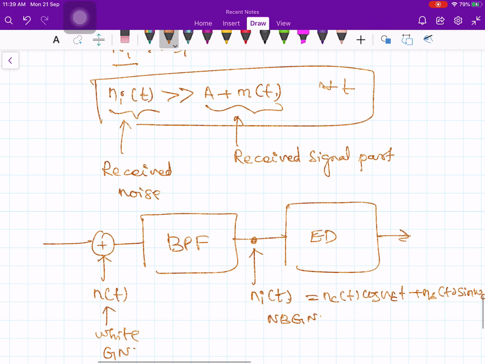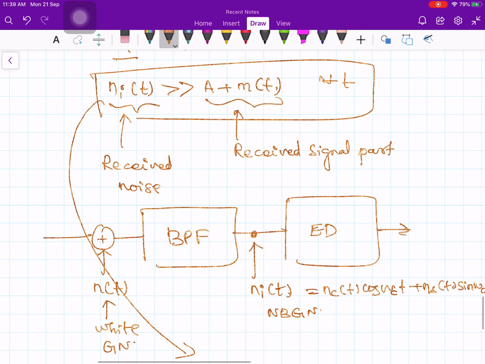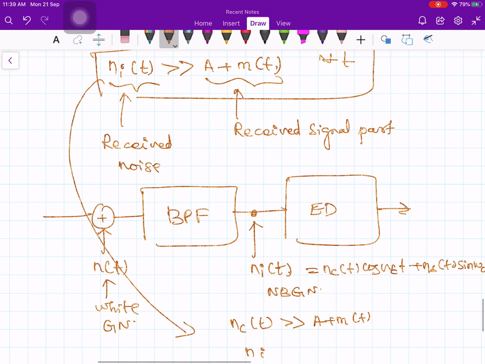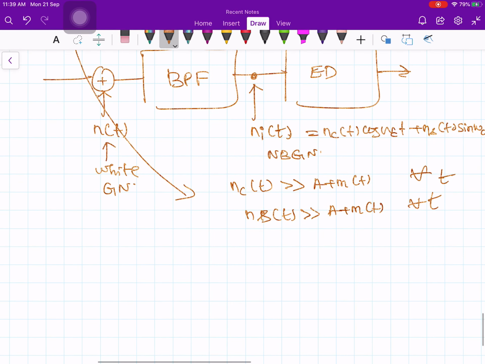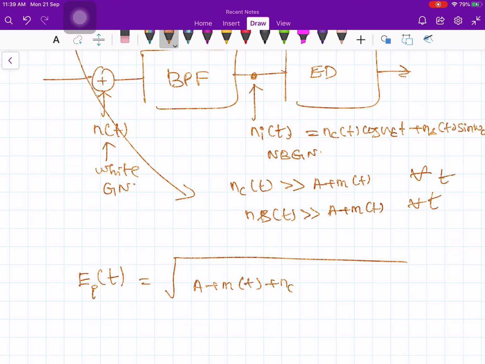Therefore Nc of t is much greater than A plus M of t, and Ns of t is also much greater than A plus M of t for all time. Now what can you say about the envelope? We already calculated the envelope. The input envelope Ei of t is equal to the square root of A plus m of t plus nc of t, the whole squared, plus ns squared of t.